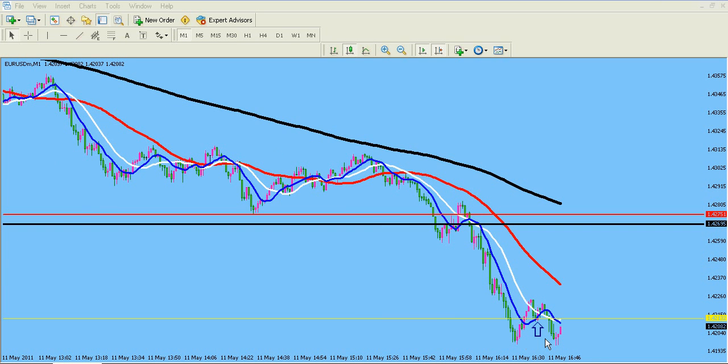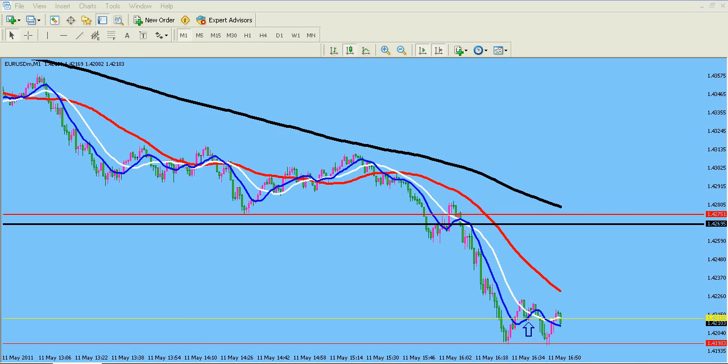Okay guys, let's go ahead and add another horizontal line here as our new level of support. And we are about 5 minutes from the new hour.